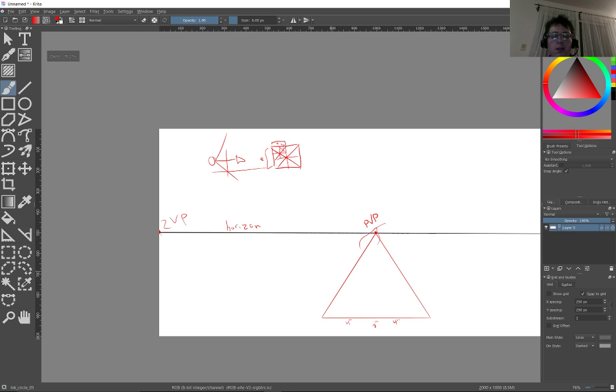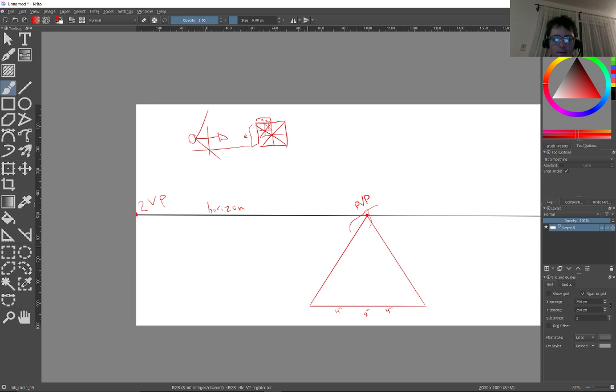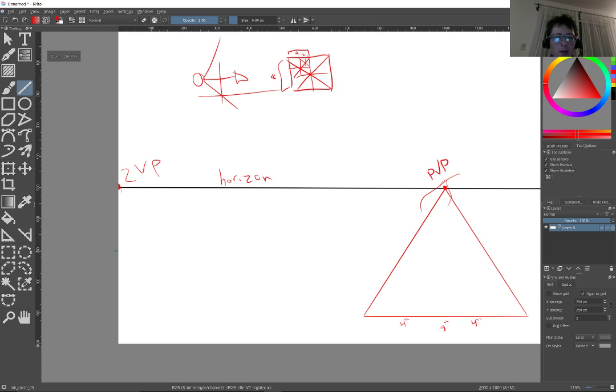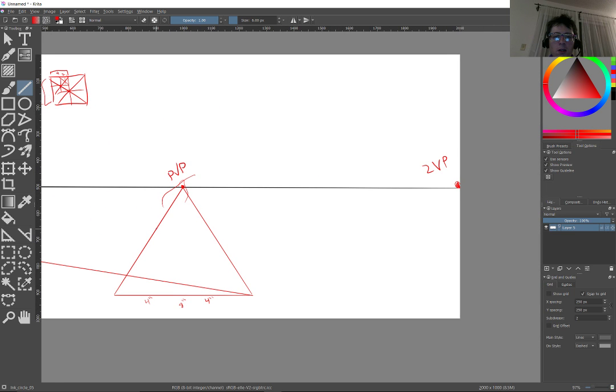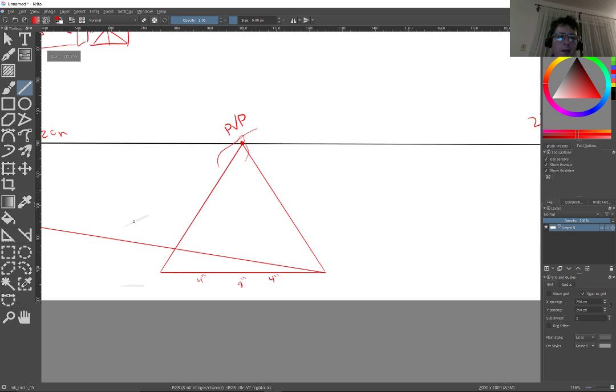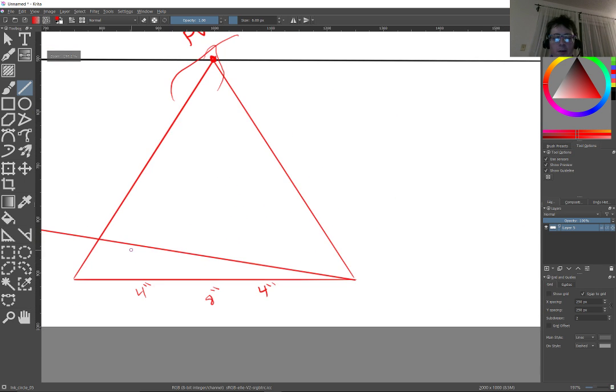Let's use this math of 45 degrees to our advantage. So going from this point here to our secondary vanishing point, I'll actually start back here. Now, just based on this one line, what do we know?